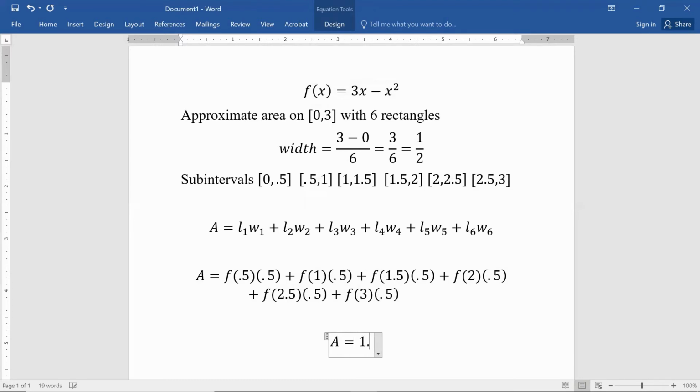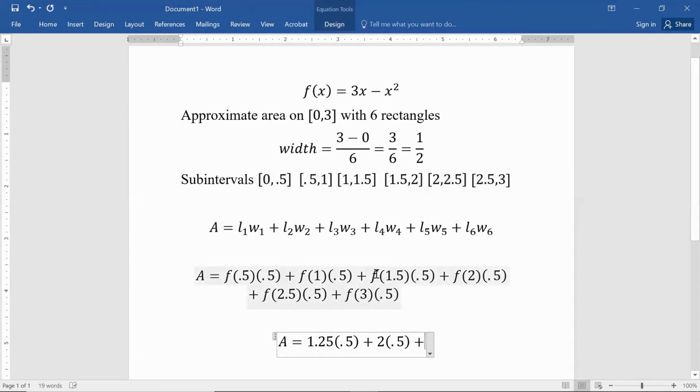So 1.25 multiplied by 0.5. 1.25 is the height of that first rectangle because that's the output when you plug in 0.5 into your function. In my second rectangle, I get f of 1. If I plug in 1 into this function, I end up with a height of 2. So we have 2 times 0.5.